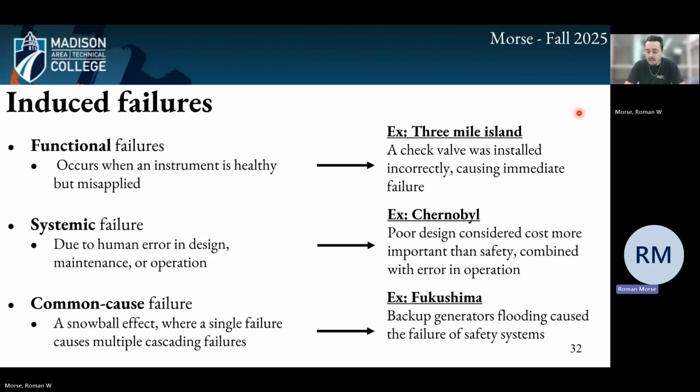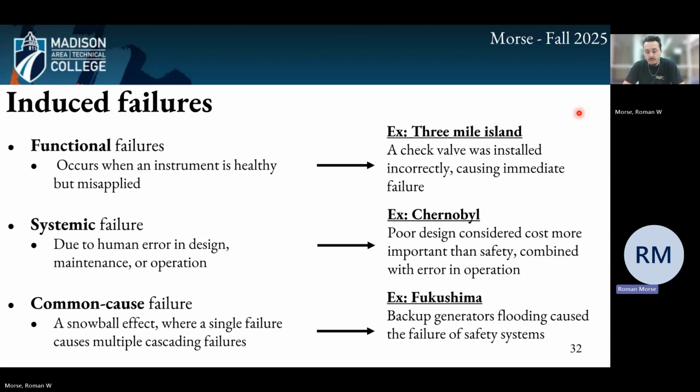There were close to 10 to a dozen plants along that coast in Japan at that time. Only one of them had this failure occur. The reason Fukushima had a failure was because of the tsunami.